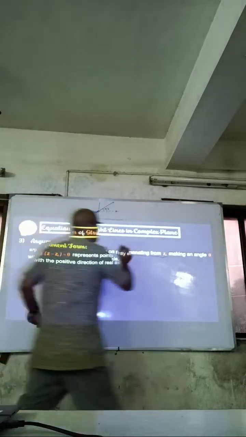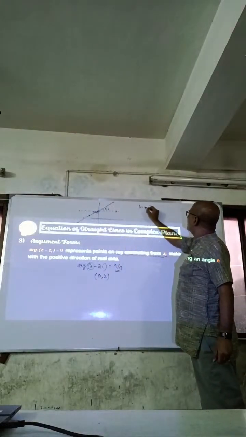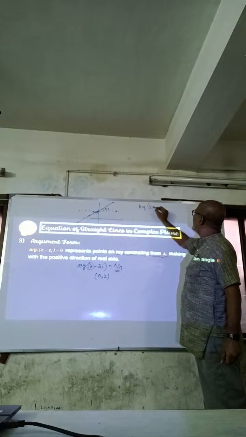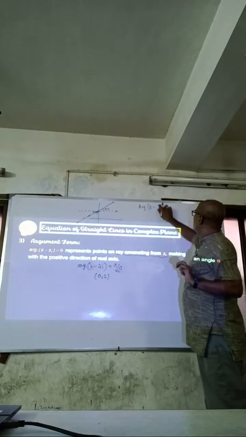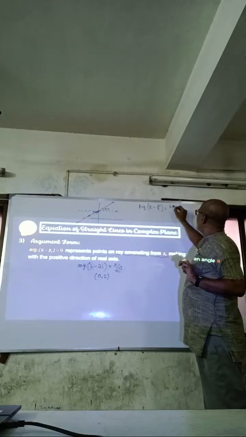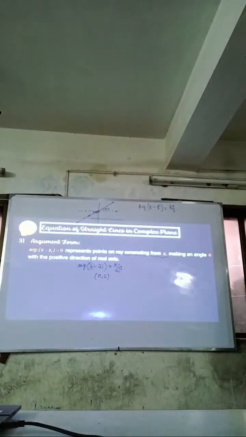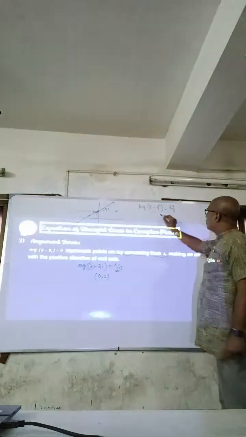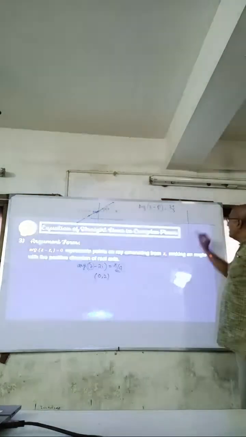Suppose today I told you, let us say, arg of z minus 5 is 2 pi by 3. Now how will the line look? First, it is 5,0, which is somewhere here.